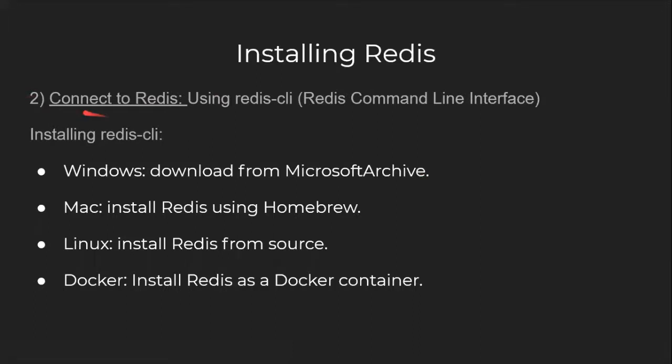After that, you will start connecting to your database using the Redis command line interface. Notice that apart from using Redis Cloud, your Redis database will come preinstalled with the Redis command line interface, and you can start using it right away.